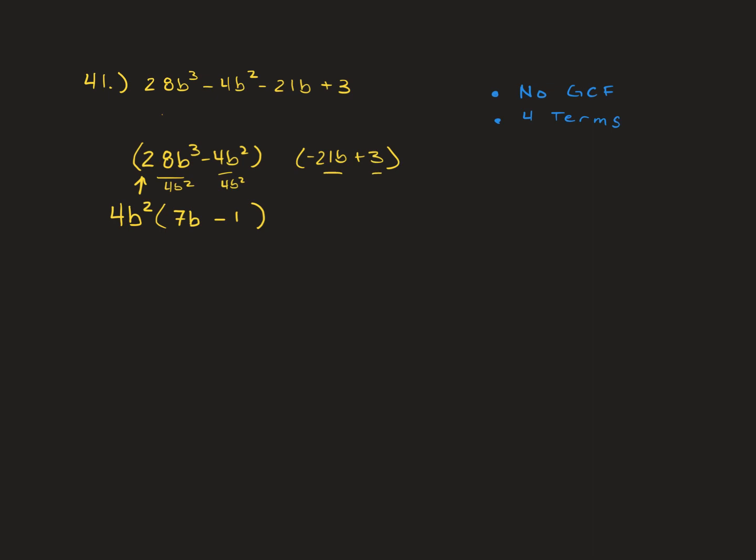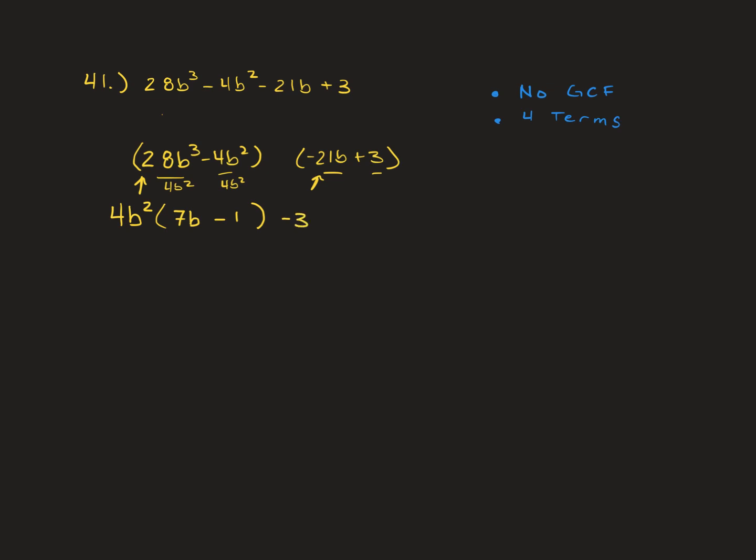Now, these second two terms, I'm going to look for what they have in common. Together, they start with a negative, so the first thing I'm going to factor out is a negative, because this guy is negative. Since it starts with a negative, I'm going to factor out a negative. Now, the only thing I can see that they have in common would be a negative 3.